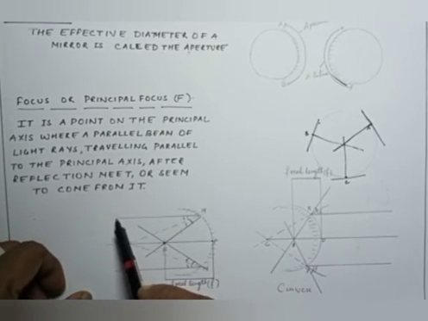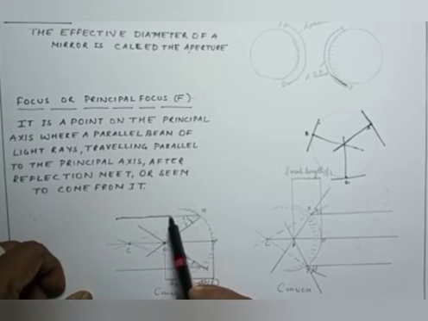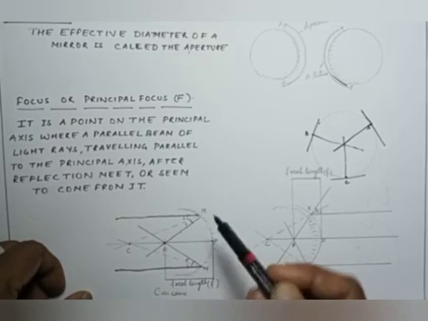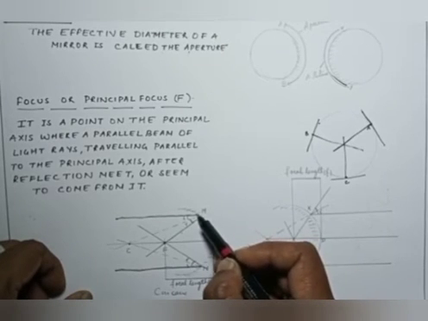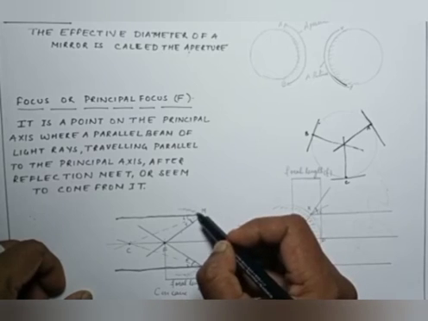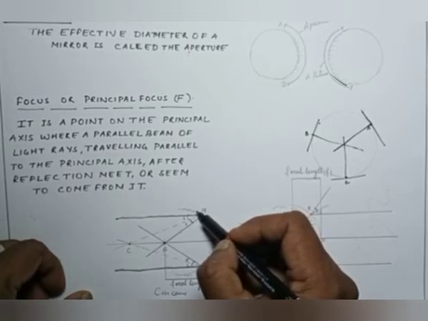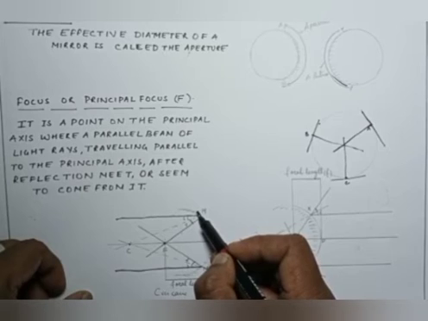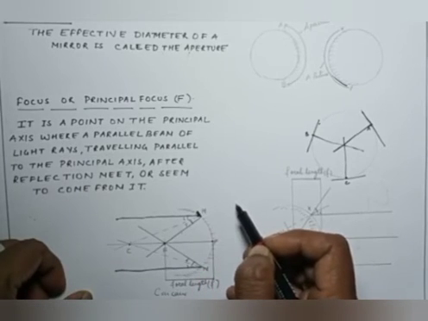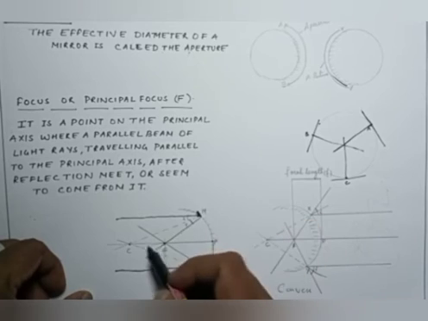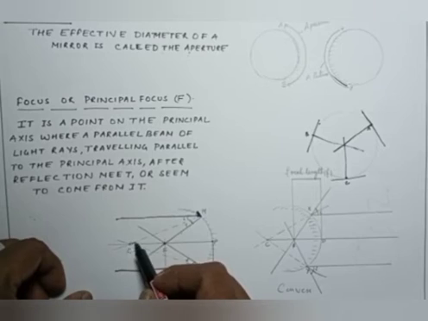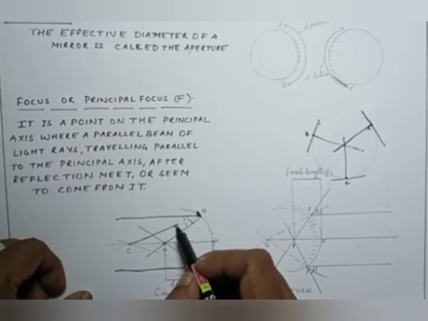Now if a parallel beam of light is incident, what happens? As it strikes the mirror at this point M, a small portion will act as a tangent. This is the property that I explained earlier. If I draw a normal from this point, it will pass through the center of curvature.